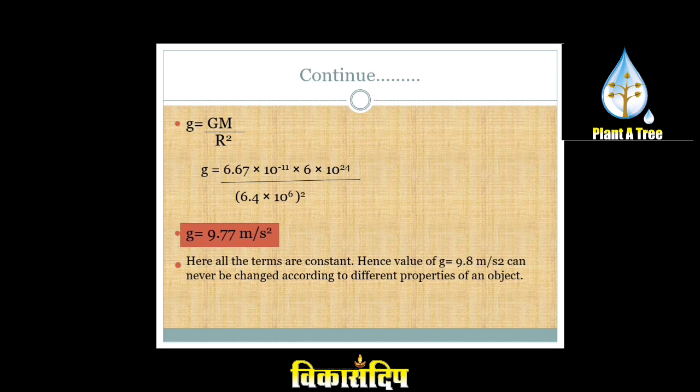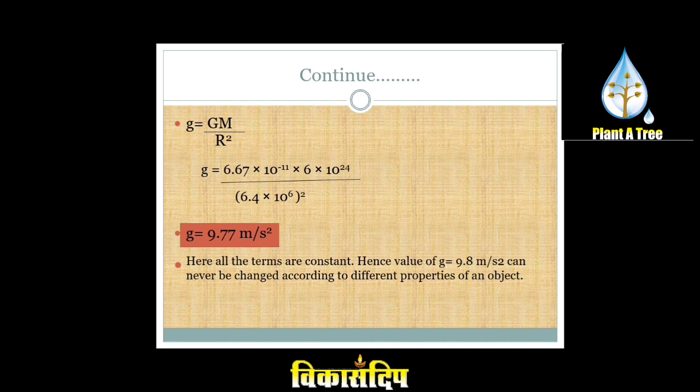We can calculate this by putting these values in this equation. We can calculate the acceleration due to gravity. It is given by capital G, which is 6.67 into 10 to the power minus 11, into capital M, that is 6 into 10 to the power 24, divided by the radius of the earth 6.4 into 10 to the power 6, and the square term.